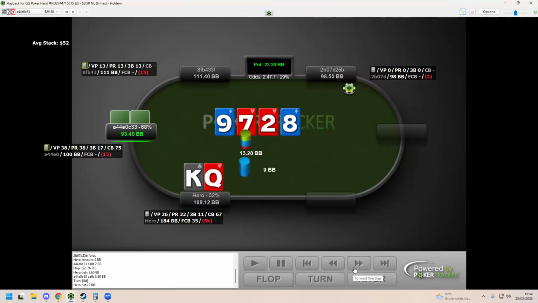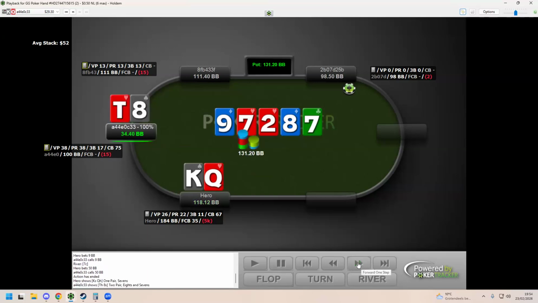I hope he folds. But that 8 is so good for his calling range. And I think I go big. I hope he folds. And he didn't, with like an 8. Or you're punting.